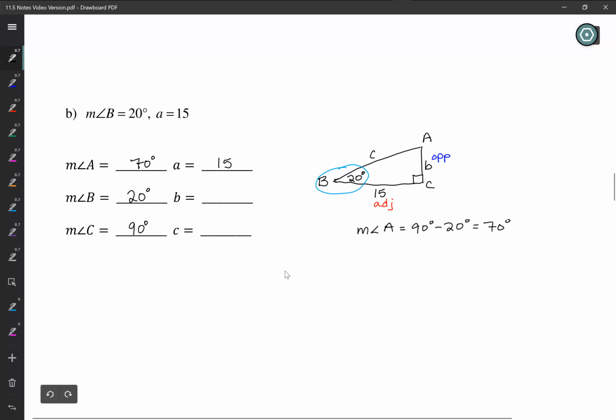Opposite and adjacent, TOA. Tangent. The tangent of 20 degrees equals opposite B over adjacent 15. Multiply both sides by 15.